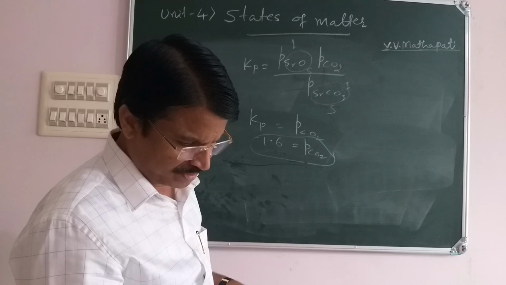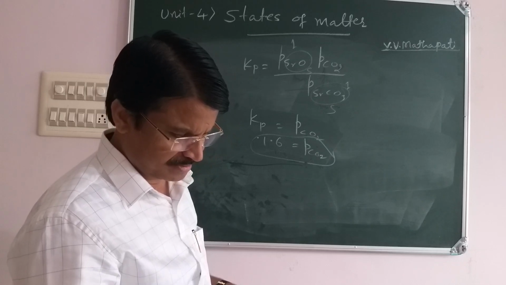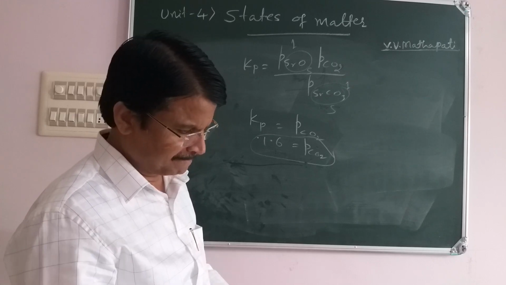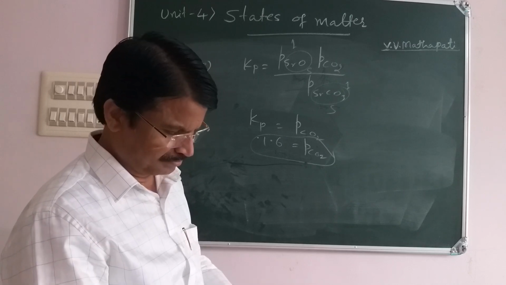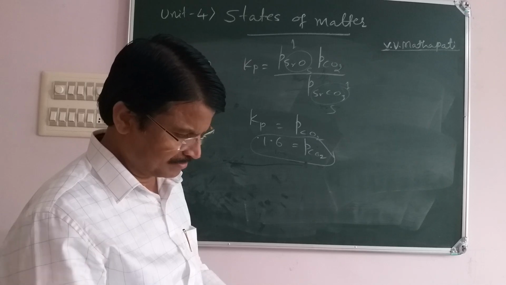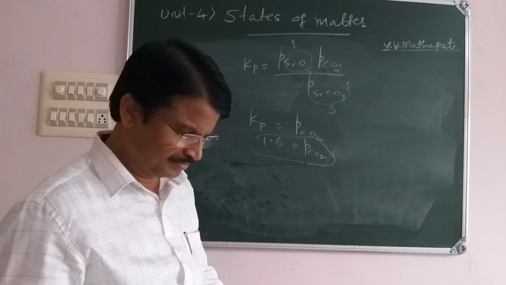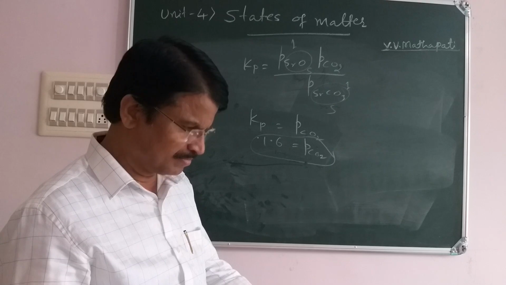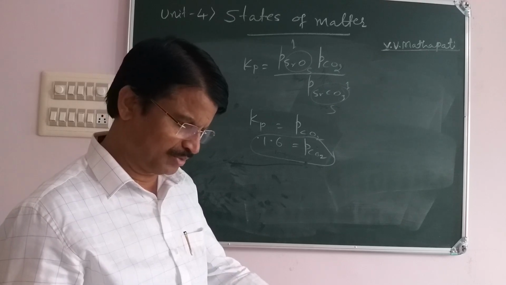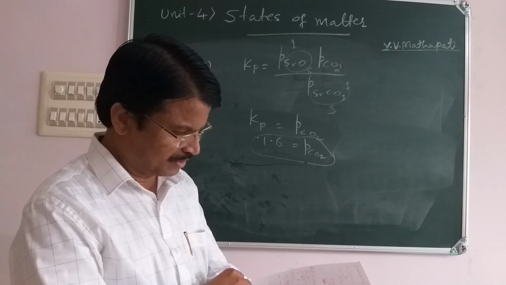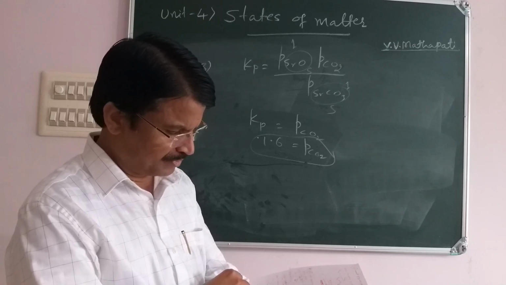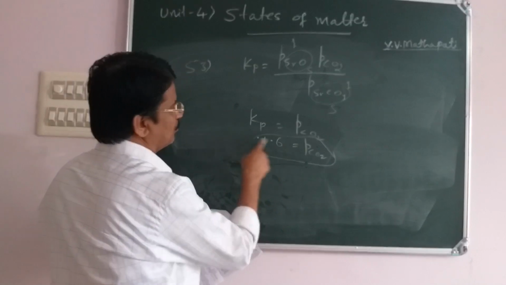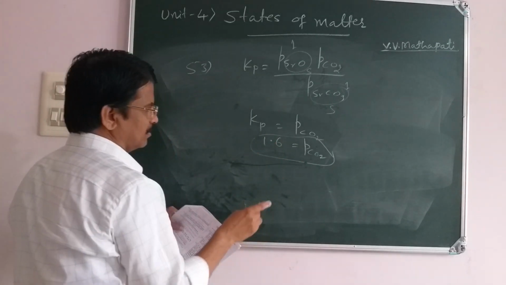Last, you have to find out for the 20 liter container at equilibrium the maximum pressure of CO2, 1.6, and finally you have to find V2. The maximum pressure of CO2 is 1.6, already written here.